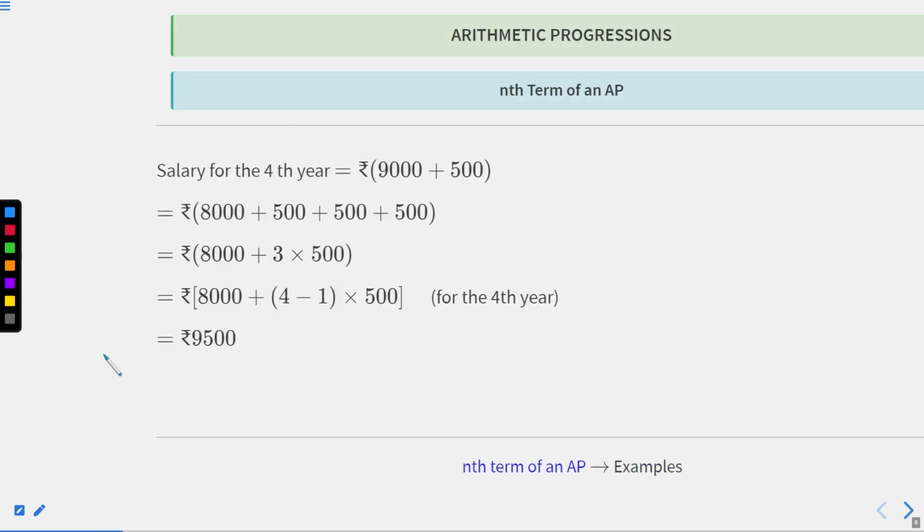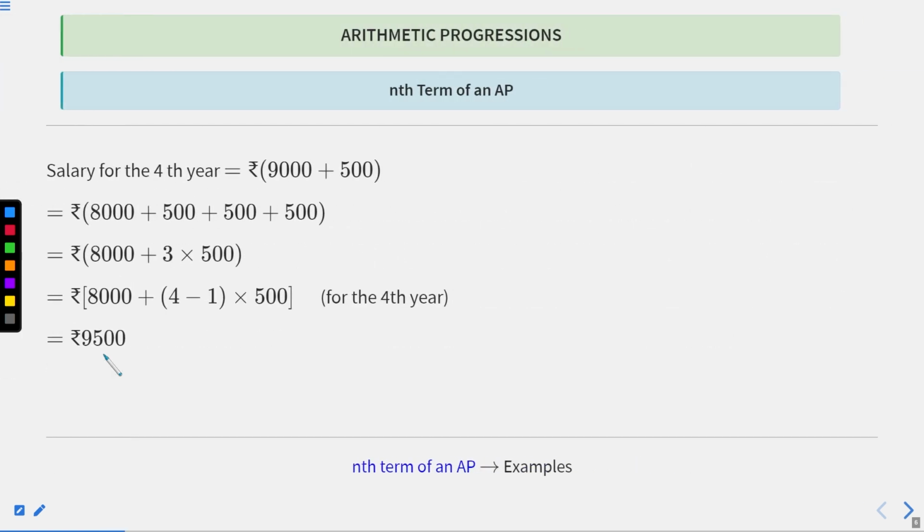Now let us see the salary for the fourth year. The salary for the fourth year is the salary for the third year plus 500, since the annual increment is 500 rupees. So it is rupees 9000 plus 500, which is equal to 8000 plus 500 plus 500 plus 500, that is 8000 plus 3 times 500.